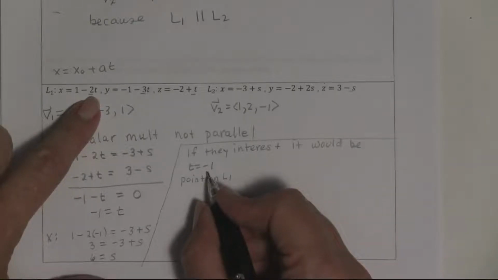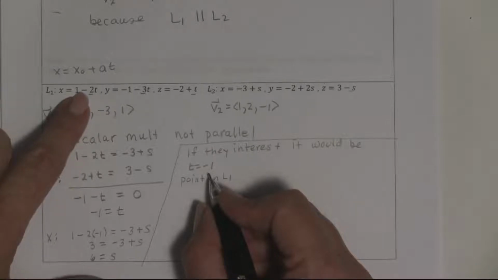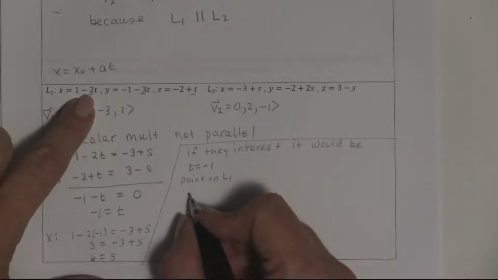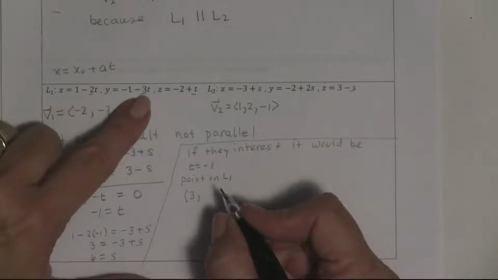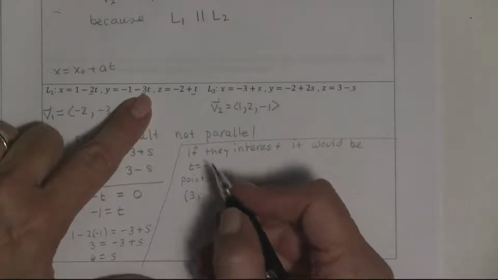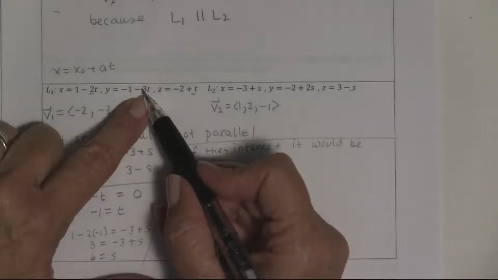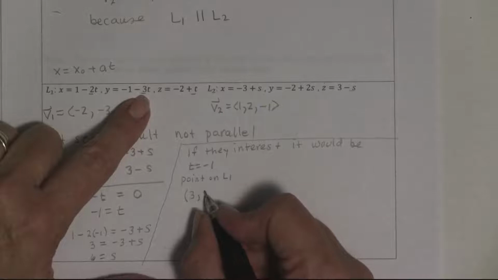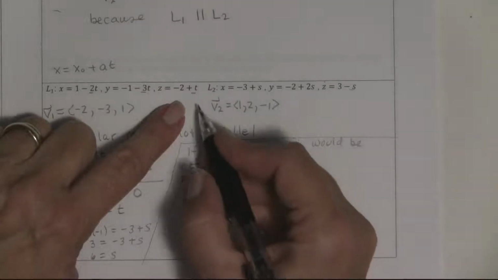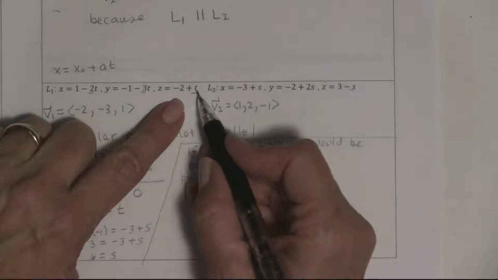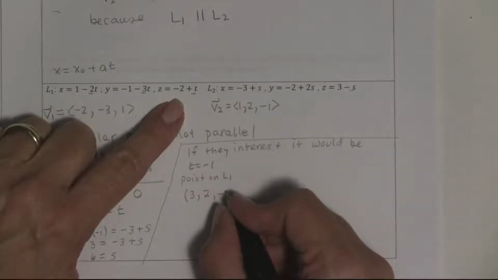So when I put in -1, I get 1 plus 2, which is 3. So this point would be 3. And when I put in -1, and I do the arithmetic there, that's going to become plus, so this is going to be 2. And when I put in -1 into line 1, I get -3.